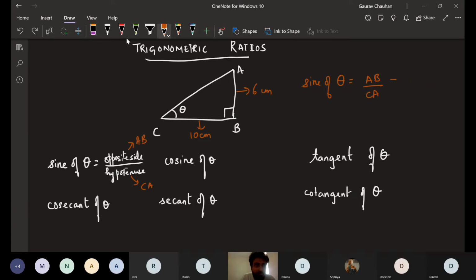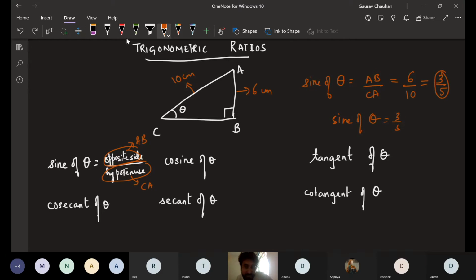AB by CA, this CA is 10 centimeter, then this will be 6 by 10. Sine theta will be 6 by 10 because it is opposite side by hypotenuse. So you will finally get one ratio, that is 3 by 5. This number is the sine of angle theta.